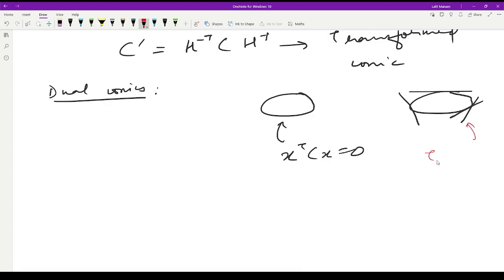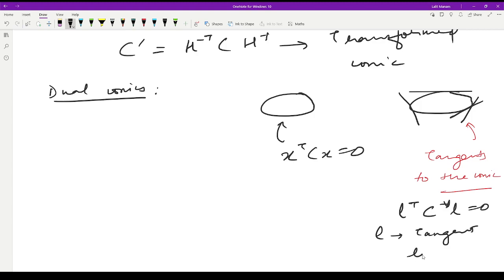These are the tangents to the conic. If someone remembers it, it turns out to be L transpose C star L equals 0, where L is a tangent line. How do you represent a tangent line?